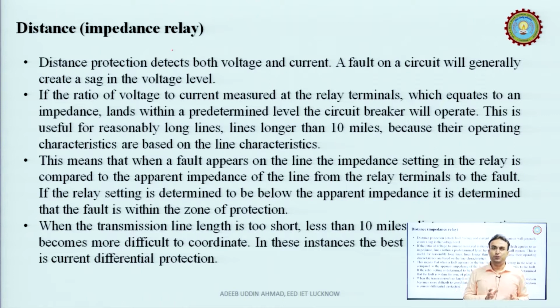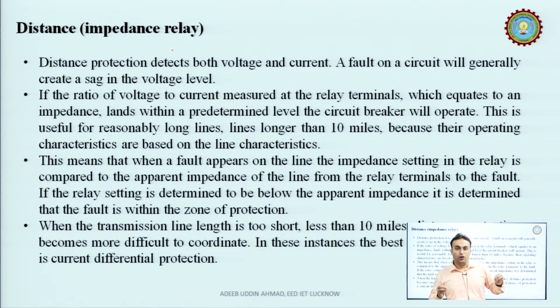The distance protection detects both voltage and current, and these transmission lines need to be protected from surges and faults, such as ground faults and phase to ground faults. Such conditions must be avoided for a healthy transmission system. A very important factor is that transmission lines have a very huge length. Suppose we have 100 kilometers, 200 kilometers length.